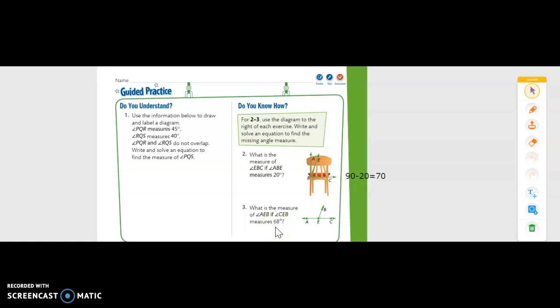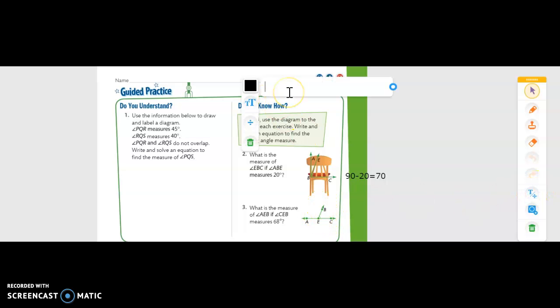And question number 3, what is the measure of angle AEB if angle CEB measures 68? So we know that CEB is 68.